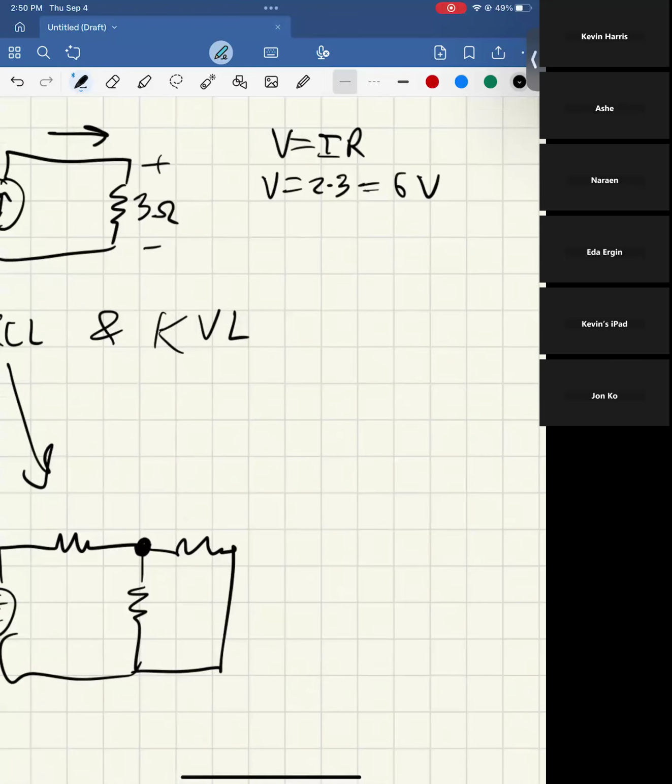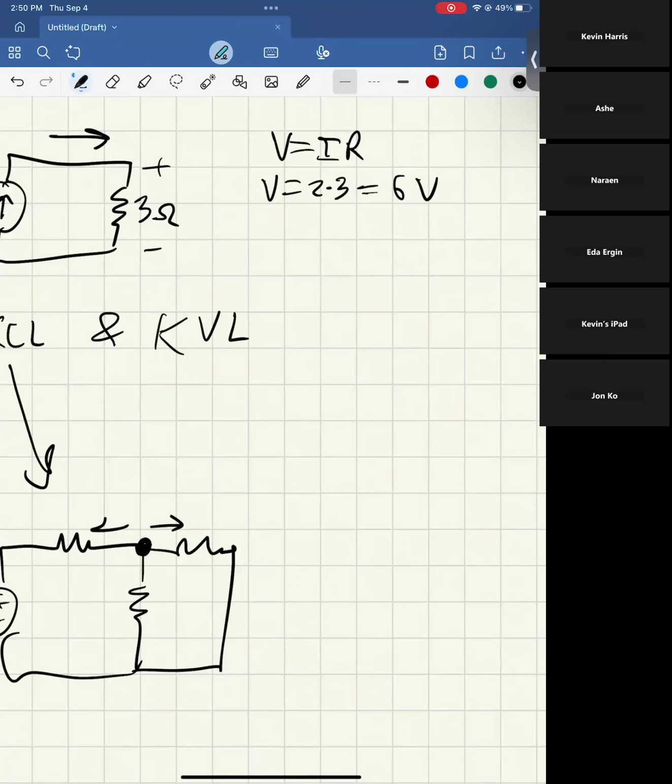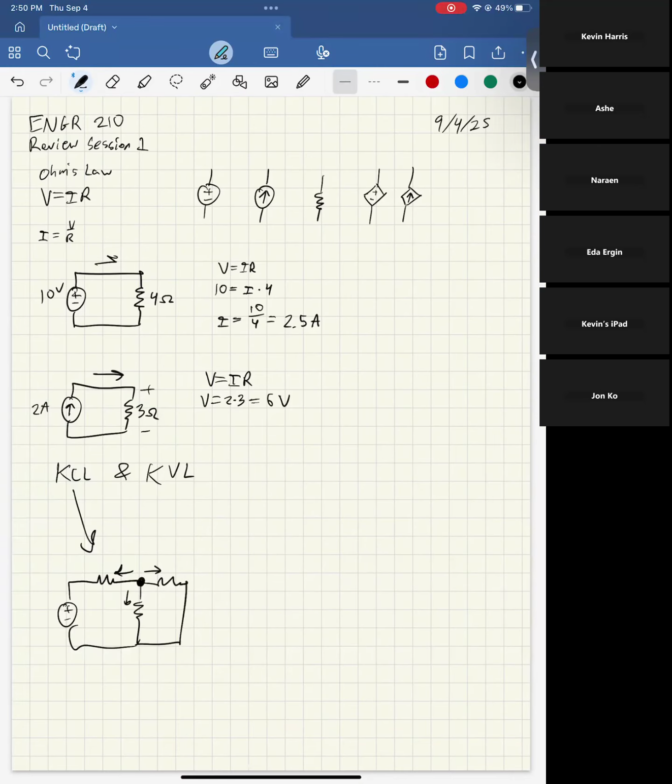If we define positive current as going out, which you do for this class, then I1 here, I2 here, I3 here equals 0.